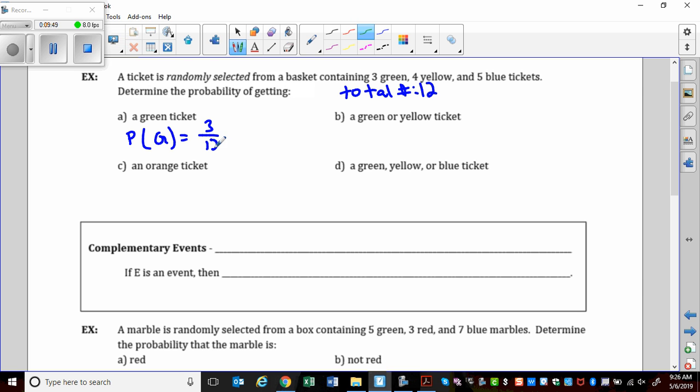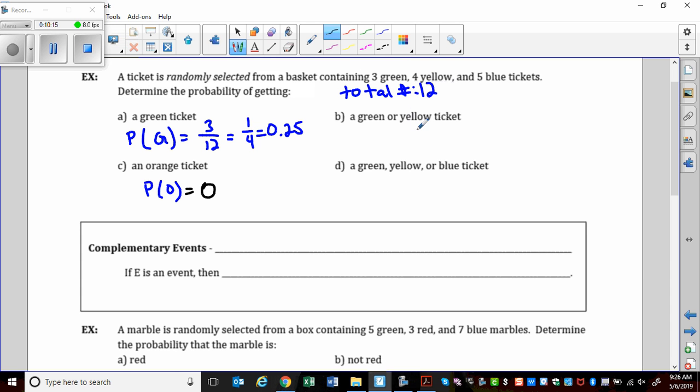And you can simplify this. This is 1/4, or 25% or 0.25. An orange ticket, this is O for orange, not 0. To get an orange ticket, this is going to be a time when this is not likely. If there's no orange tickets, then we can't get one.